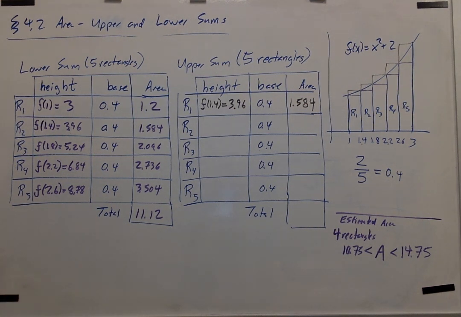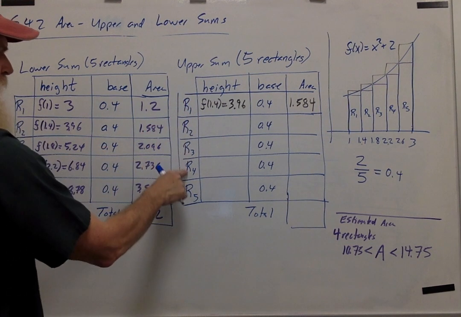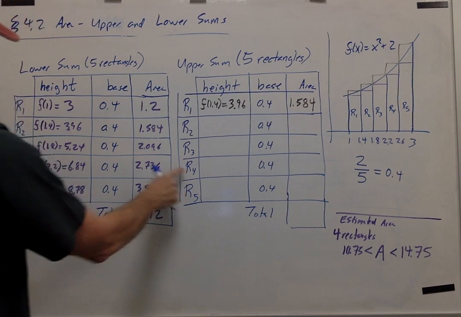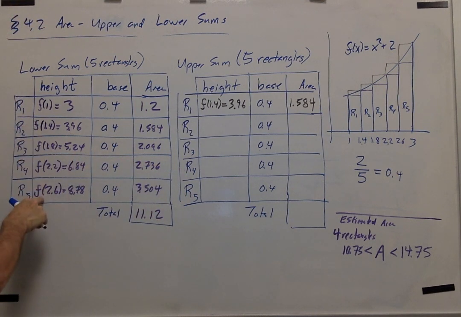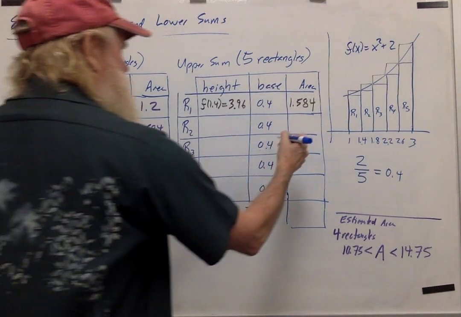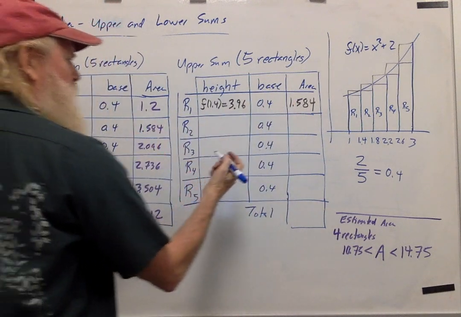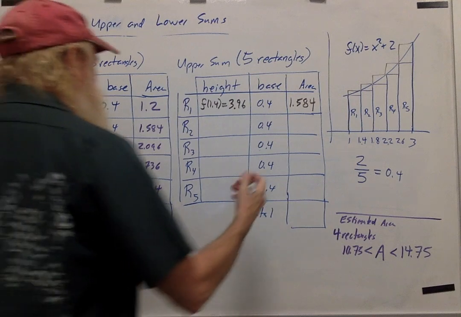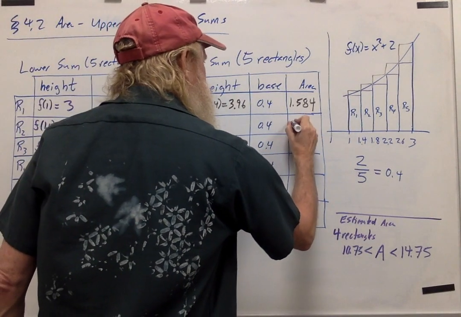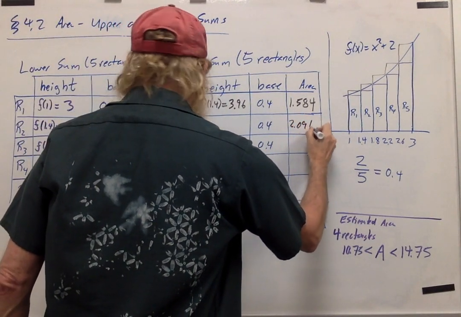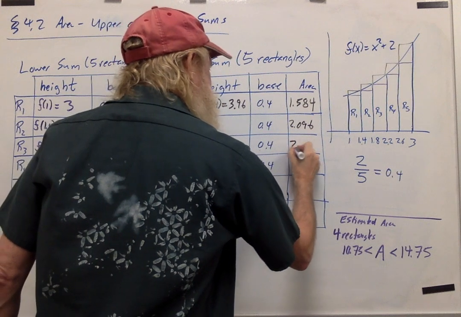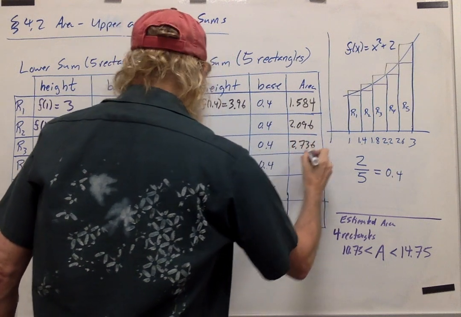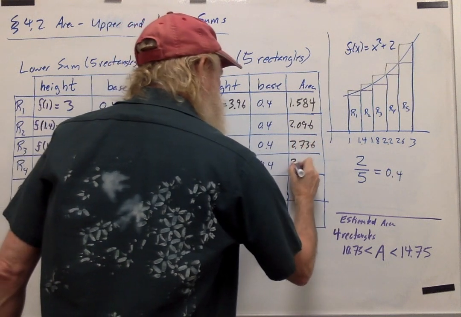Switching to the circumscribed rectangles, you probably noticed that the first 4 rectangles here had the same area as the last 4 rectangles there. So after the 1.584, you should have gotten areas of 2.096, 2.736, and 3.504.